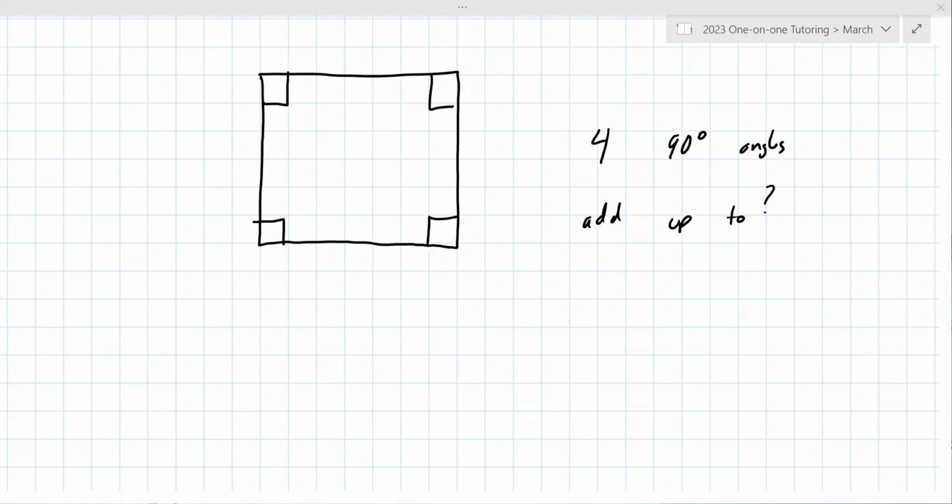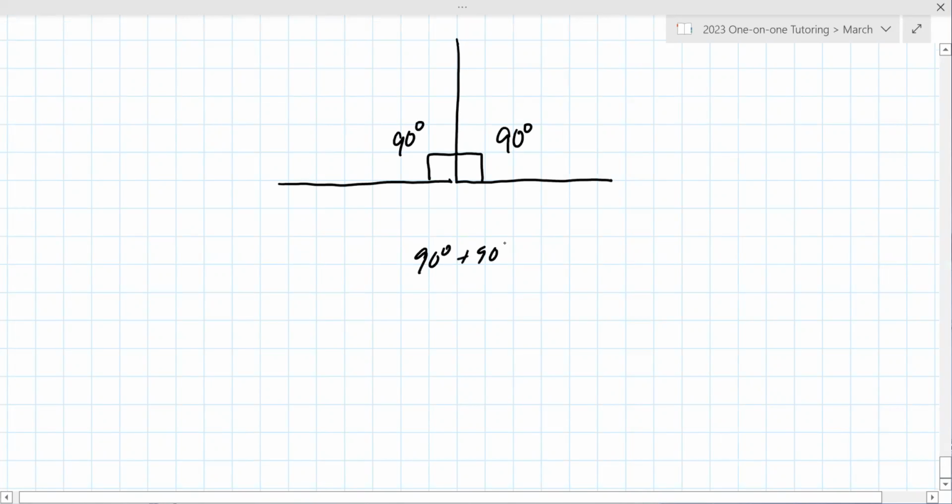Okay, if that's not clear, let's do something different. Let's say you have an L shape here. What's the angle measure of that? A 90-degree angle. And let's say we've got another L shape here. That's another 90-degree angle. What is 90 degrees plus 90 degrees? You're adding them together.